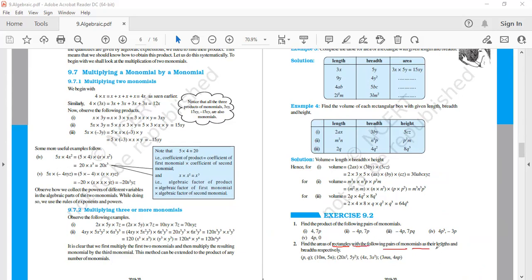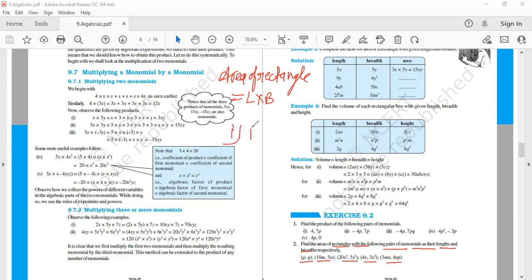Question number second: find the area of rectangle with the following pairs of monomials as their length and width. Length and width are given. Everyone knows that the area of a rectangle is L into B. So you simply multiply the monomials written in the brackets.